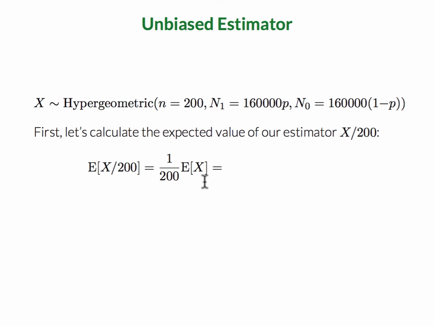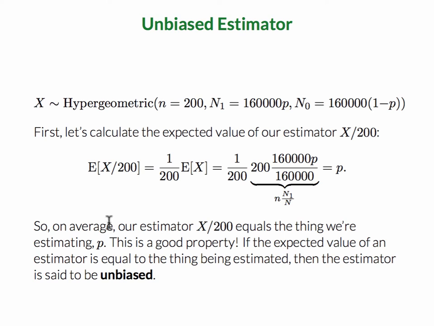And now the expected value of a hypergeometric is just little n times n1 over big N. So little n is 200, n1 is 160,000 P, and N, the total number of people in the population, is 160,000. So the 200s cancel, the 160,000s cancel, and we're just left with P.